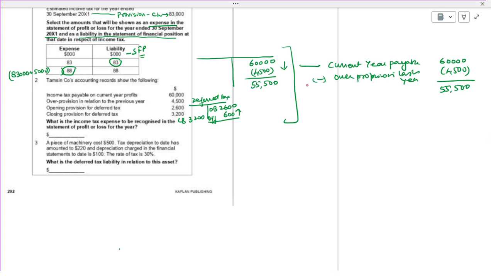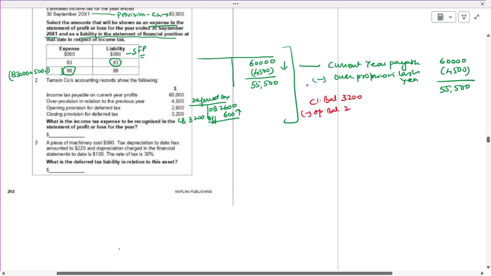Now, we are talking about the deferred tax. In simple terms, the closing balance is 3,200, minus the opening balance of 2,600. The difference is the increase in deferred tax, 600.